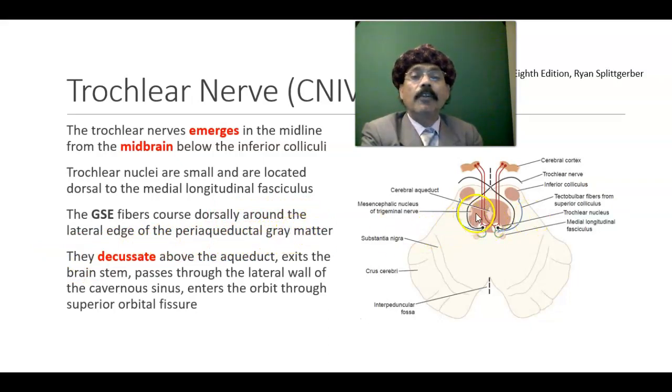This is the periaqueductal gray matter. They decussate above the aqueduct, exit the brainstem, pass through the lateral wall of the cavernous sinus, and enter the orbit through the superior orbital fissure.